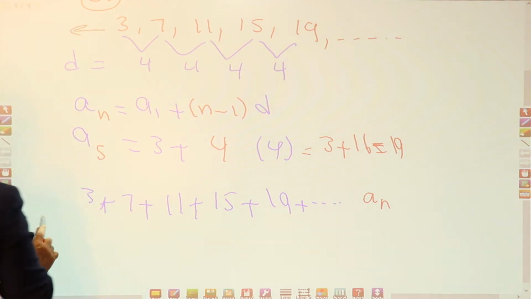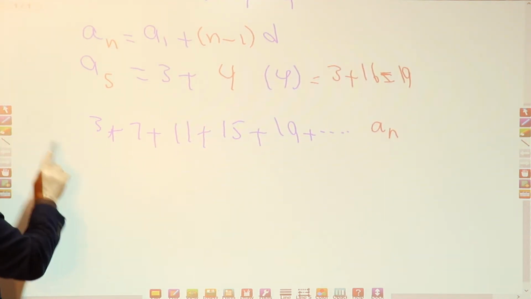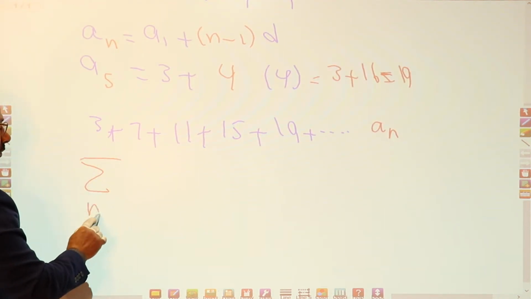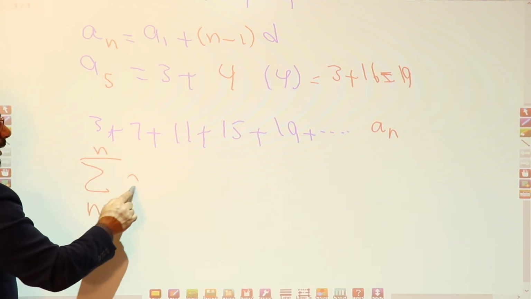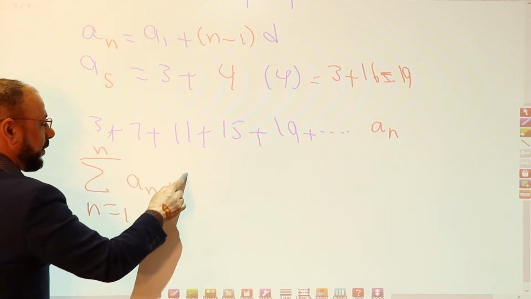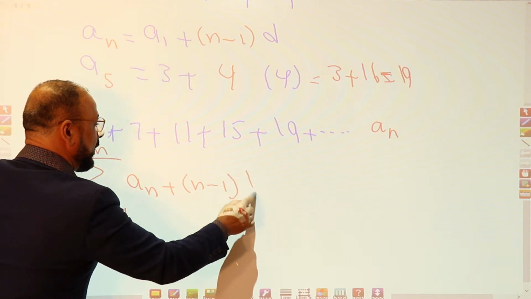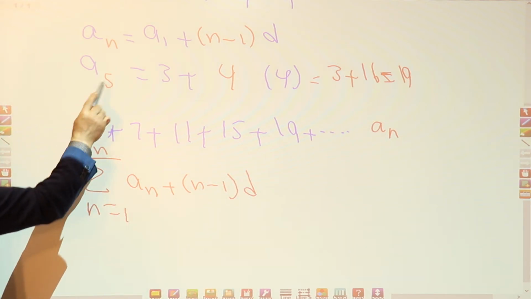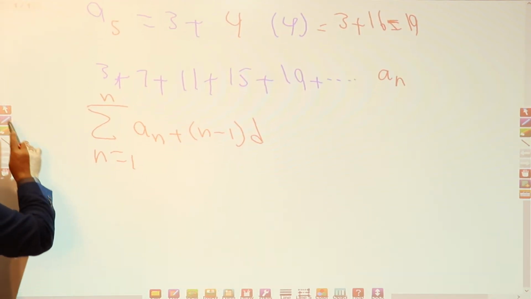We can write this as a sum notation, n goes from 1 to n, of a1 plus n minus 1 times d.